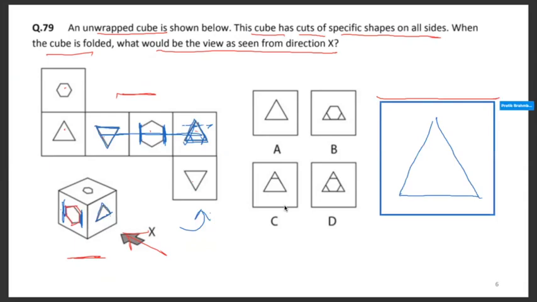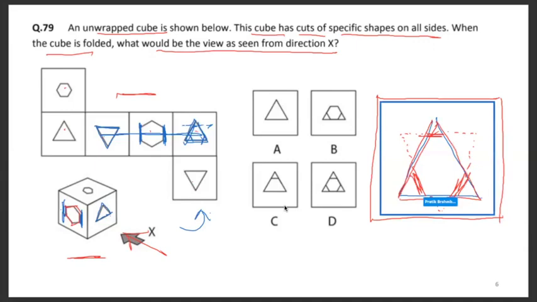When I place the other triangle at the back, which I roughly tried to show through the red frame, it will actually look something like this. Which means the shape from that side view will look something like this, which is option D. Any doubts? I hope this is clear.